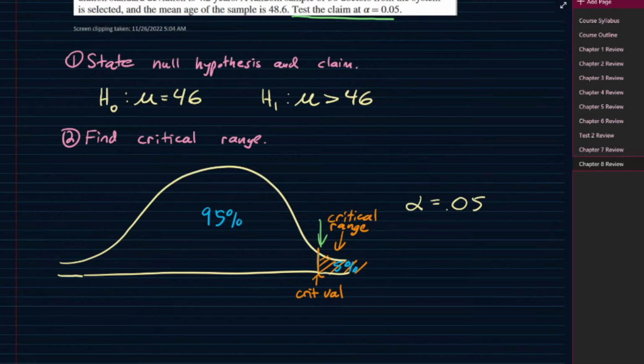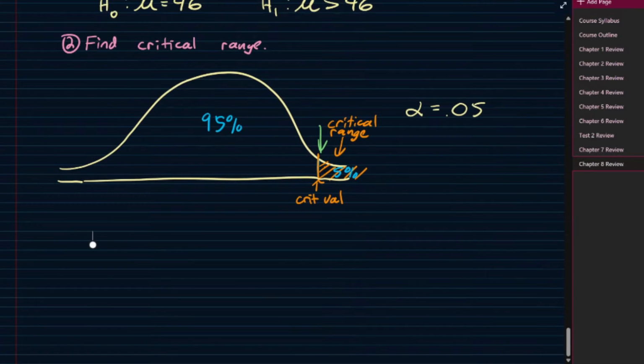We want to find the z-value such that 95% of the data is to the left of that. Okay, so we've got to go to our positive z-table here. We find the area closest to 0.95, and that will be our z-score. Also, you can memorize the z-scores for 0.01, 0.05, 0.1 if you like, because they are used very often. But you do want to be able to calculate any z-score, any critical value if necessary.